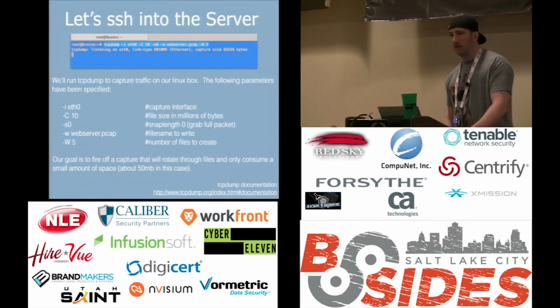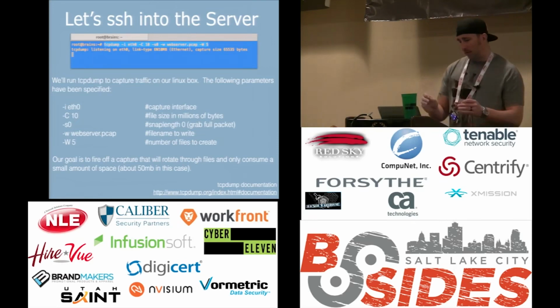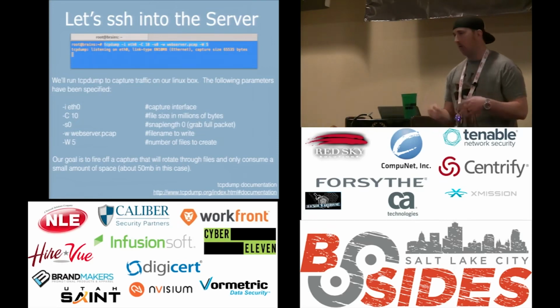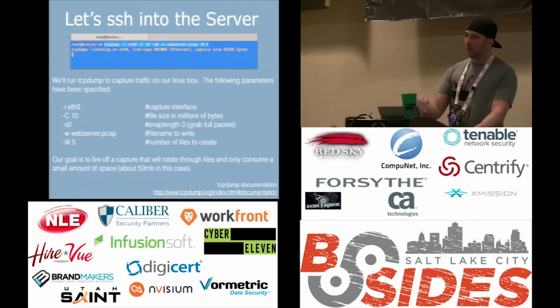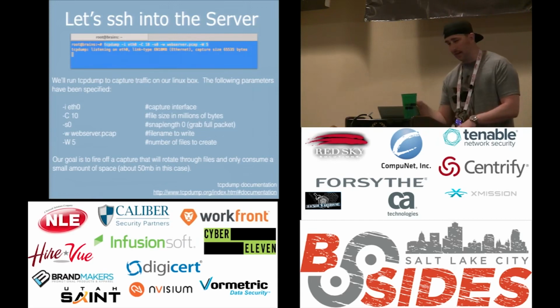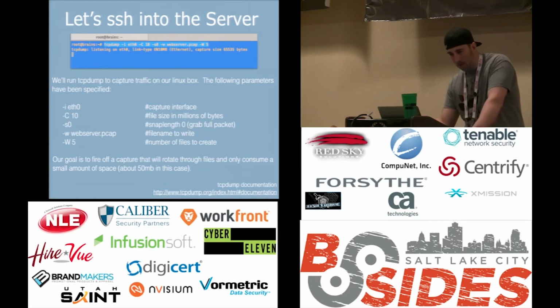Older versions would not. They would stop at like 65,000 bytes or something. And so you need to specify this on old versions. New versions, you can largely ignore it. So if you've never seen this switch, you're not using it, it's probably not a big deal. I include it here as just a fail-safe. If you work on an older system, specify -s 0. It'll just make sure you get everything that you're trying to capture.